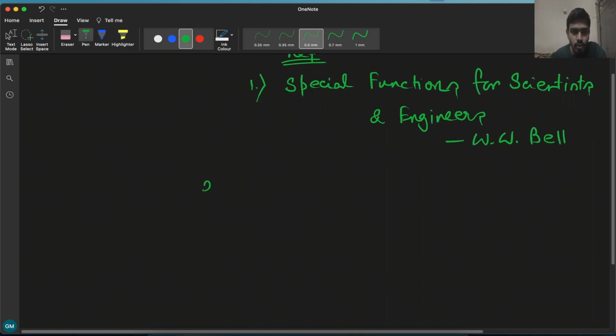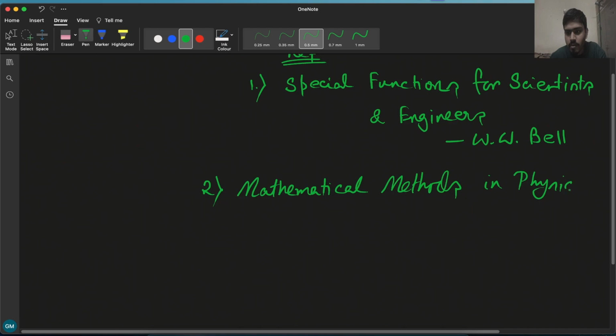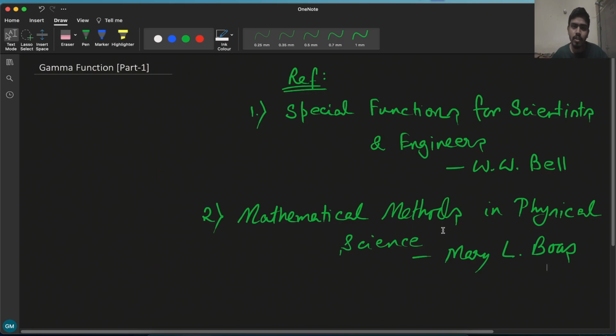And reference 2 is Mathematical Methods in Physical Science by Mary L. Boas. So these are the two references I will mainly follow.